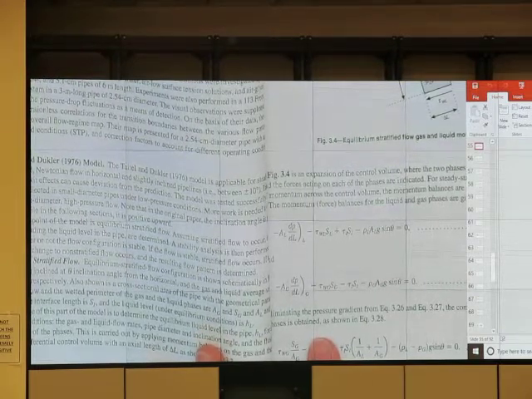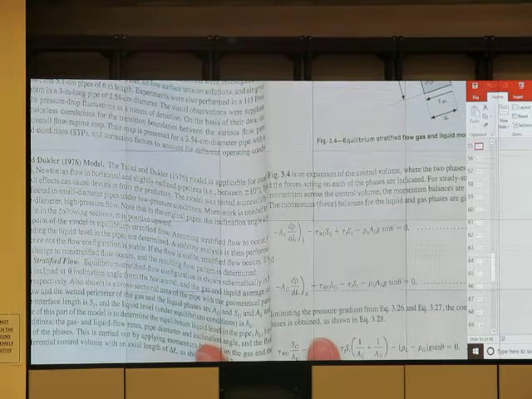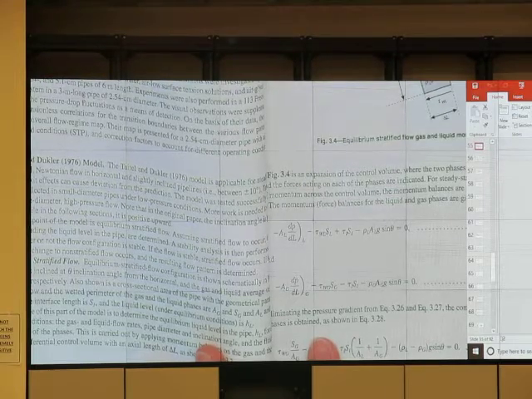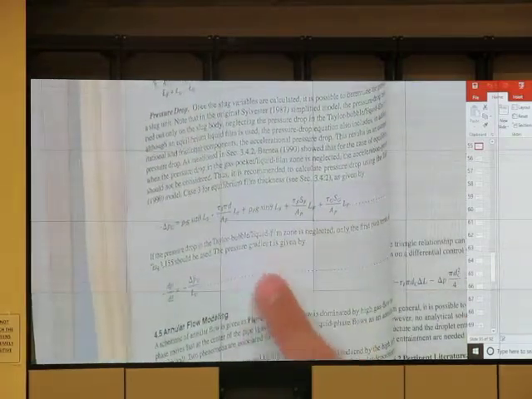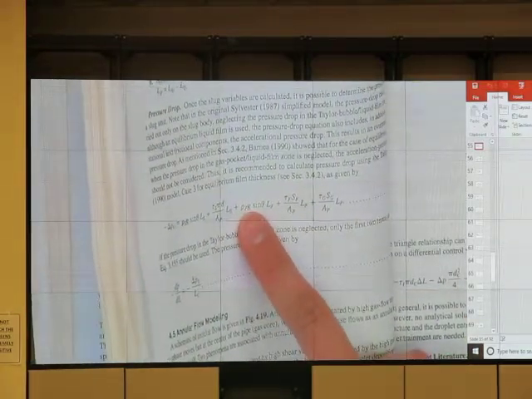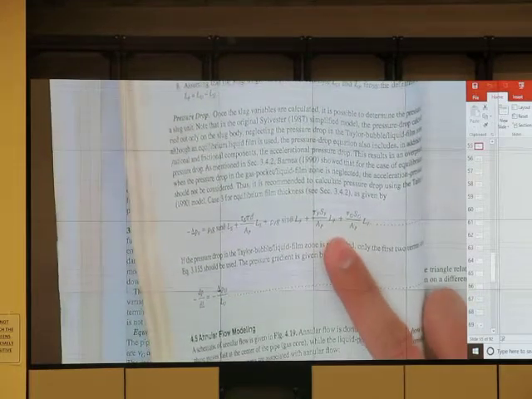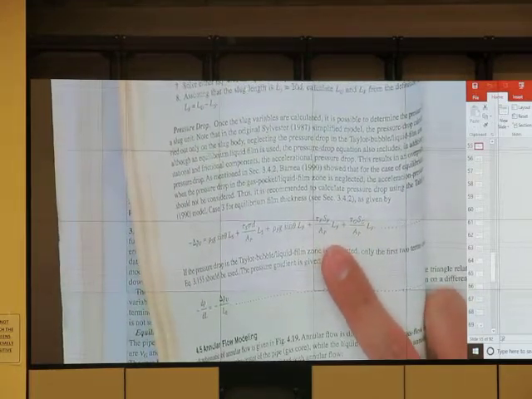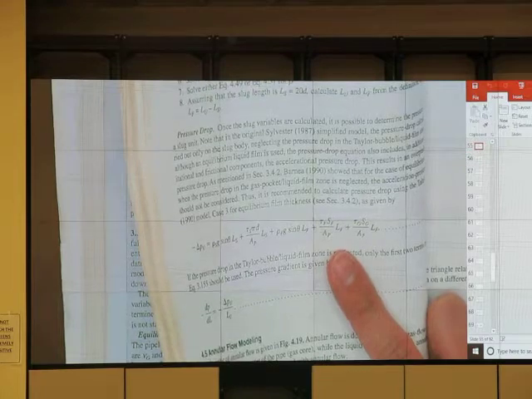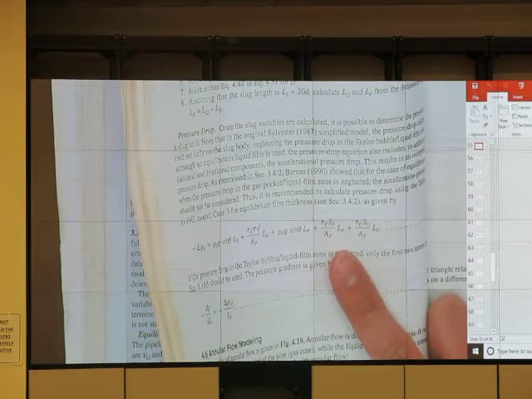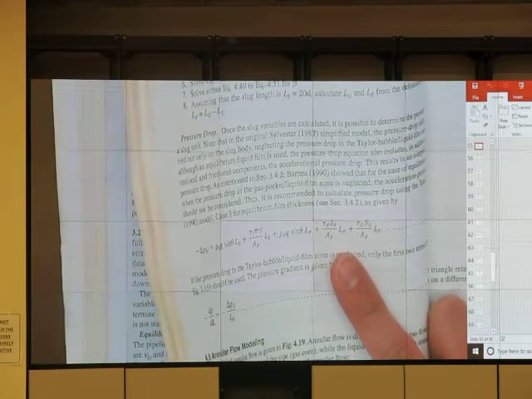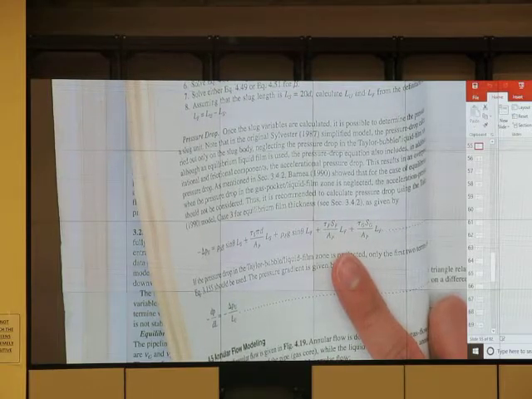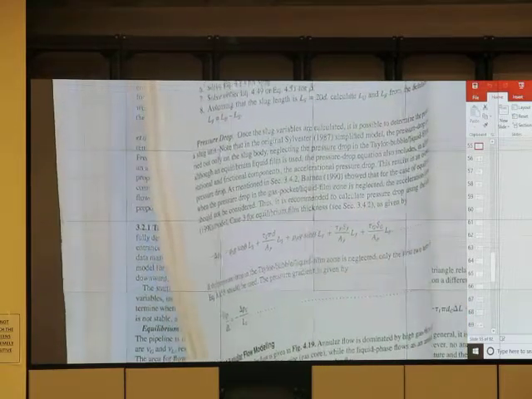So you have rho L AL plus rho G AG divided by A pipe, isn't it equal to that thing? So you add these two together, you get that, right? Yes, it is. Isn't it?